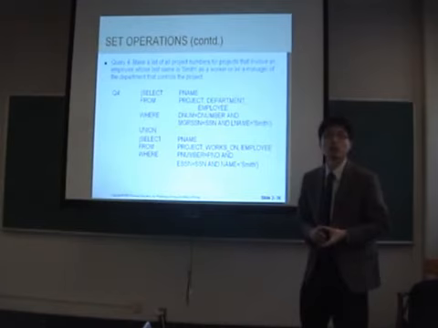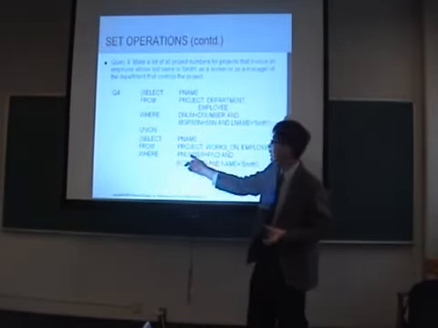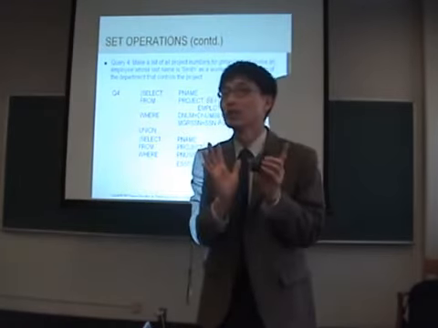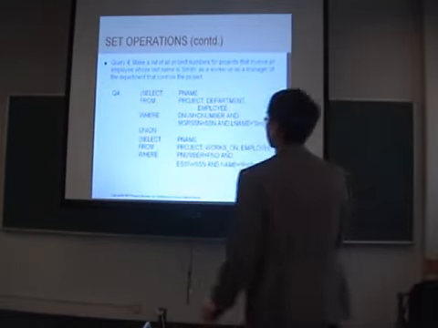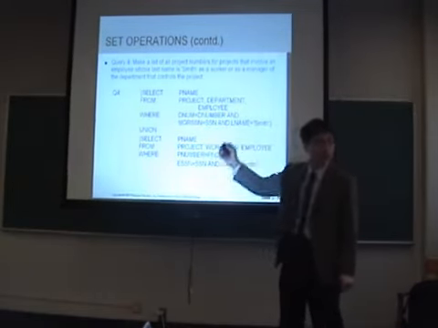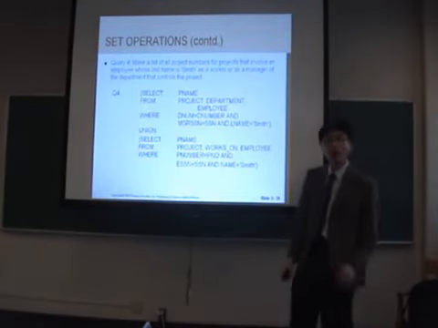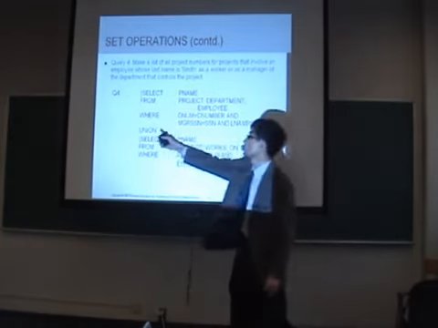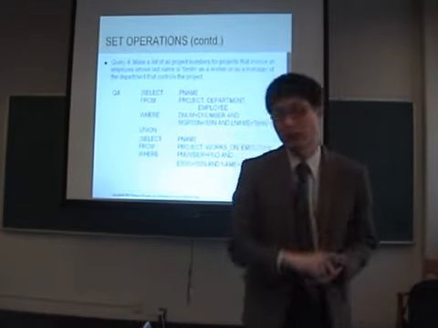One thing you need to be careful about is type compatibility, which means key name and key name should be the same data type, not the same name. It's the same data type. Okay. What about this? Does it allow the duplicate data? No. In this case, even though this is SQL, it does not allow the duplicate data. But what if you want duplicate data too? You can use union all. All means return all duplicate data too.